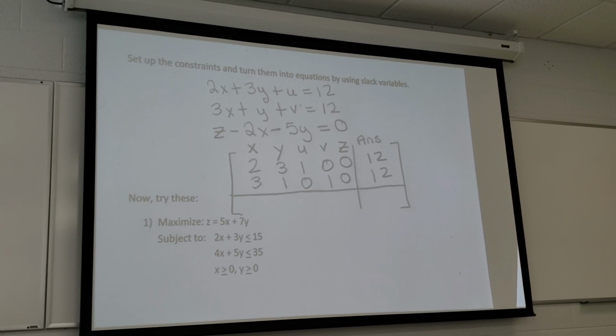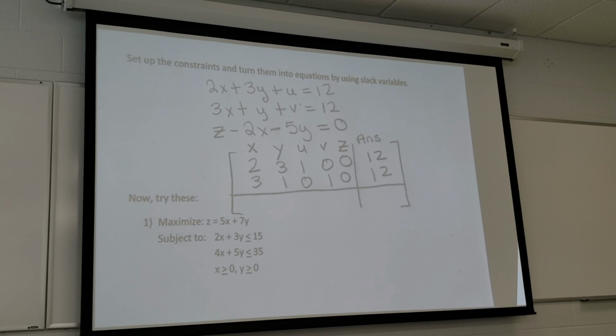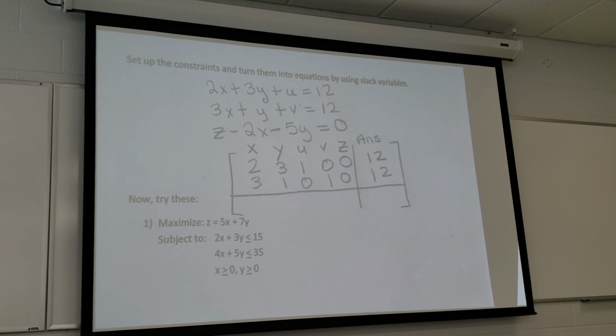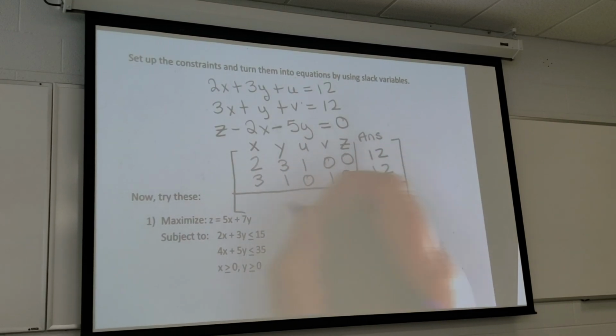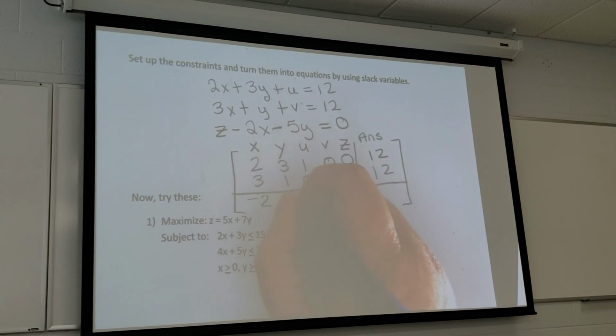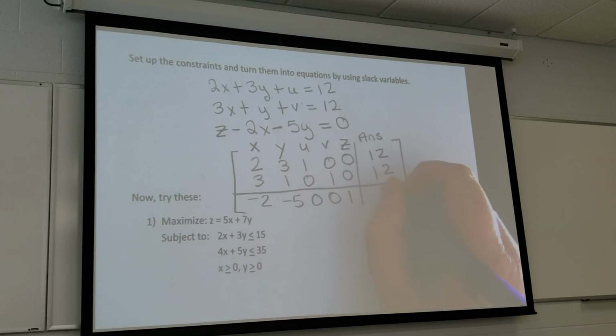You have to have that straight line across. The last row is going to be the objective function: -2, -5, 0, 0, 1, 0.